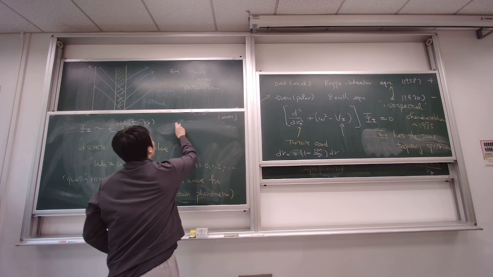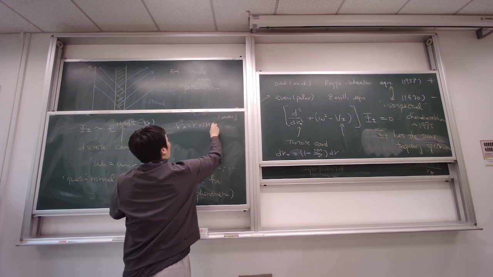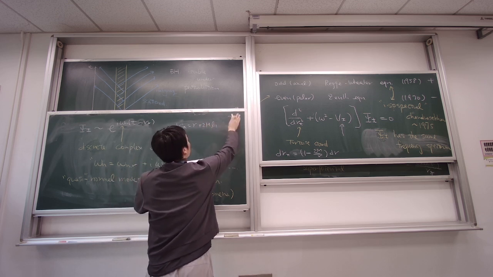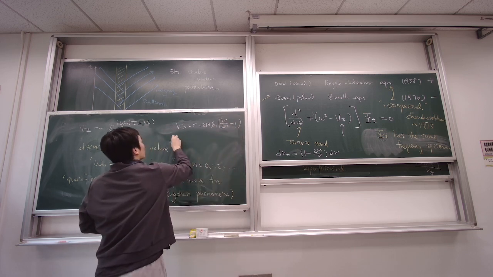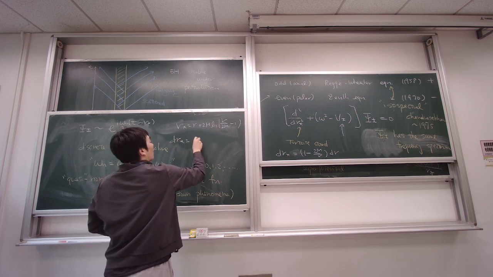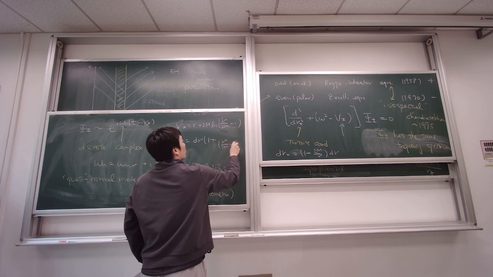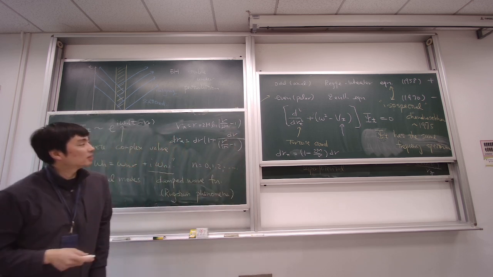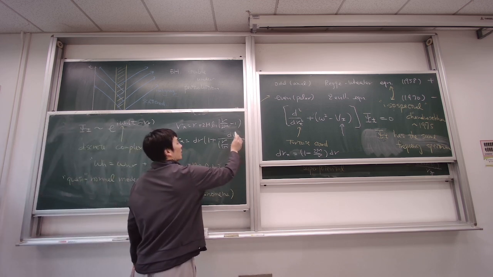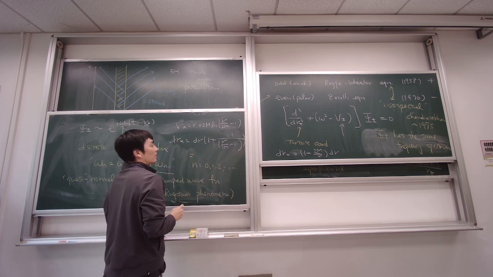R star is equal to R plus 2m log (R over 2m minus 1), right? And dr star is equal to dr (1 plus (R over 2m minus 1)) divided by dr. Do you agree with me?